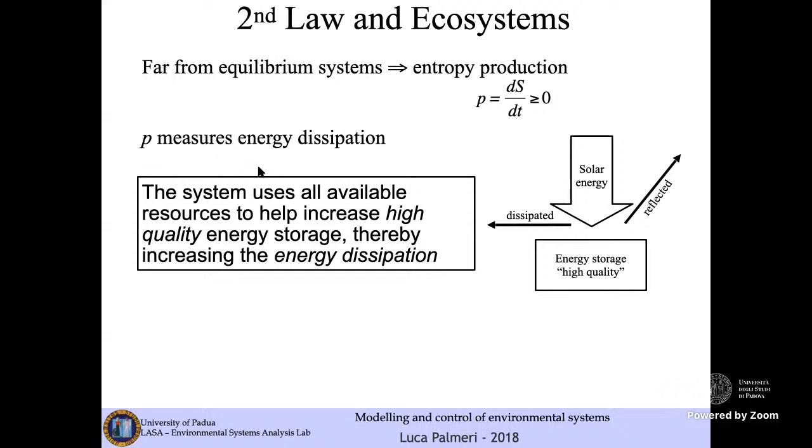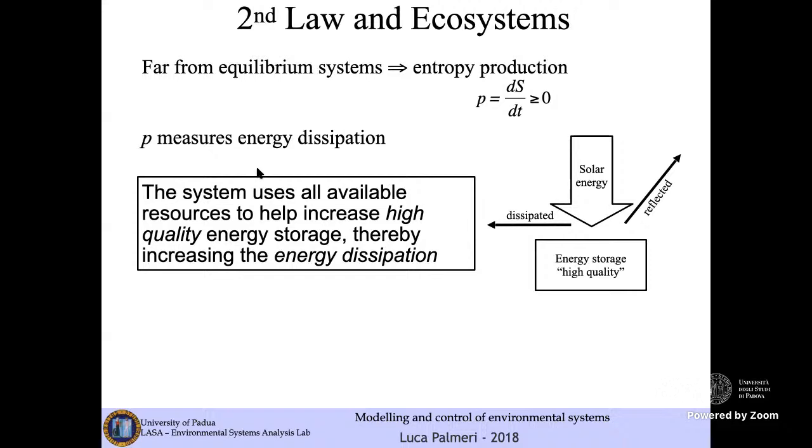The second law of thermodynamics may be recast in the case of ecosystems by saying that the system uses all available resources to help increase high quality energy storage locally. As you may recall, we said that ecosystems locally decrease entropy, thereby increasing the energy dissipation, or, to say it in worse terms, by throwing entropy into the surrounding environment.